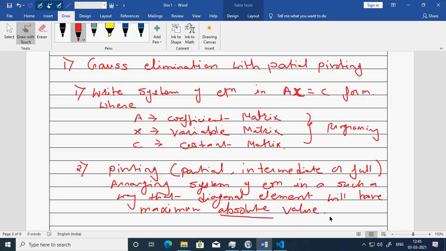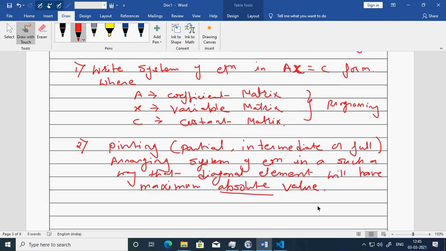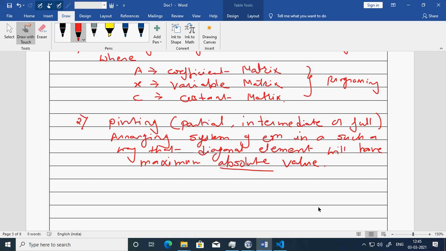So we are not bothered about sign. Okay, so its absolute value of the diagonal element should be maximum. That is what we are trying to do.